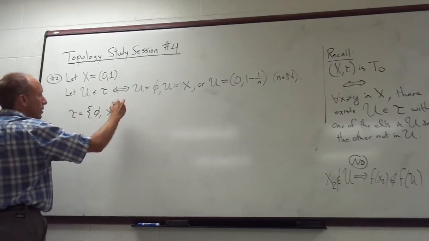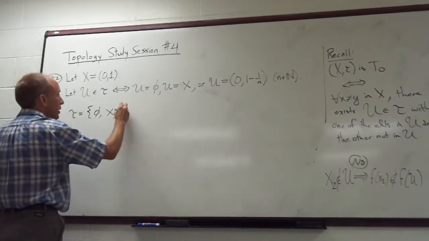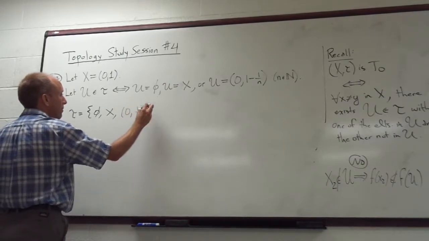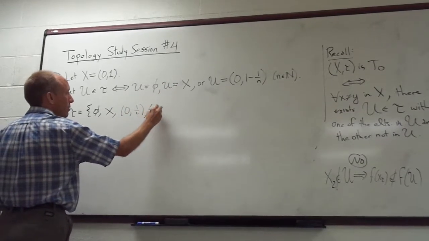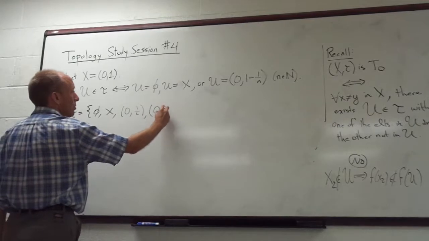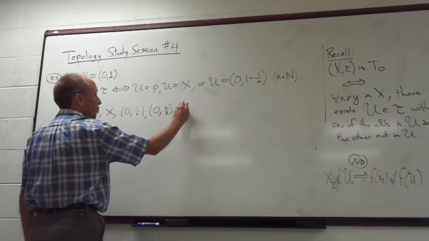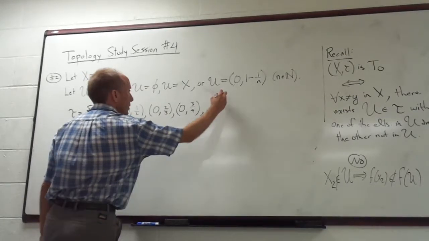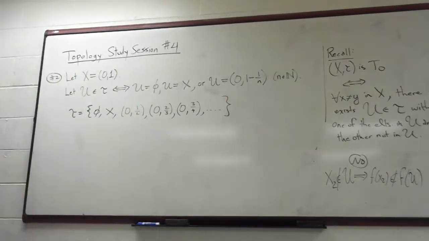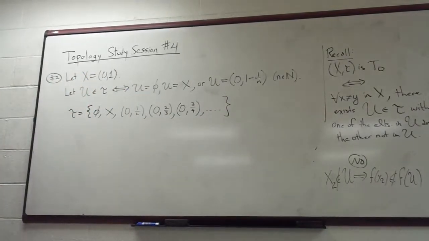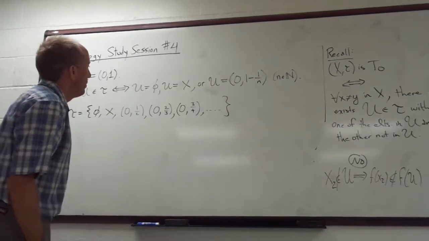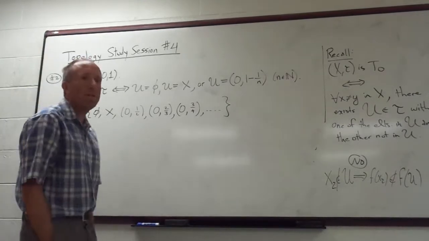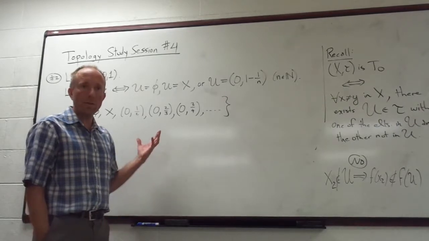When n is equal to 2, you get the interval from 0 to 1/2. When n is equal to 3, you get the interval from 0 to 2/3. When n is 4, you get the interval from 0 to 3/4, and so on. So it's all of those sets, and you have to convince yourself that this really is a topology.